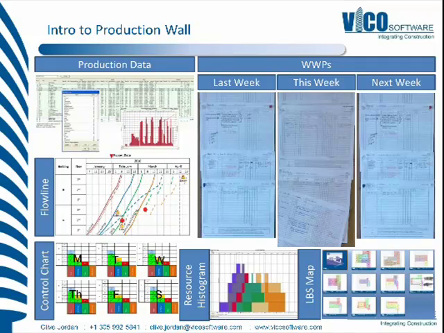We have a lot of data that can mean a lot of things for a lot of people, and the production wall is a way of sharing that information and showing people what the plan is, having a facility to understand previous performance, so production data, showing the metrics, showing the KPIs, showing what the plan is, and showing how the forecast hopefully has been corrected.